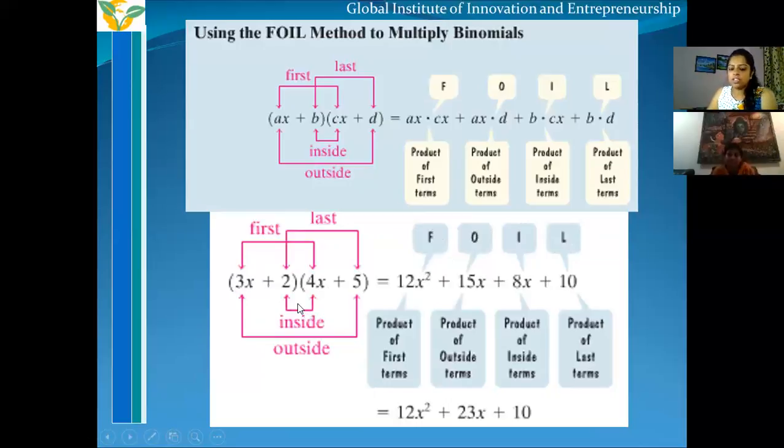Outside: 3x into 5 is 15x. Inside terms: 2 into 4x is 8x. Last terms: 2 into 5 is 10. So when I simplify, I get the answer as 12x square plus 23x plus 10.